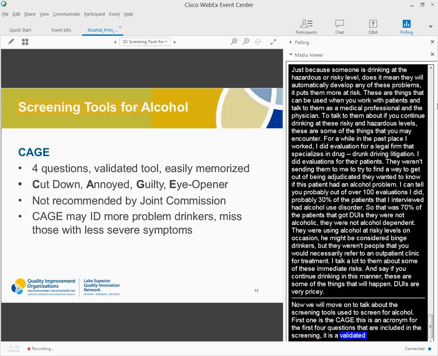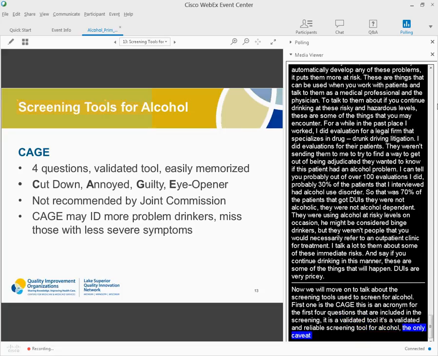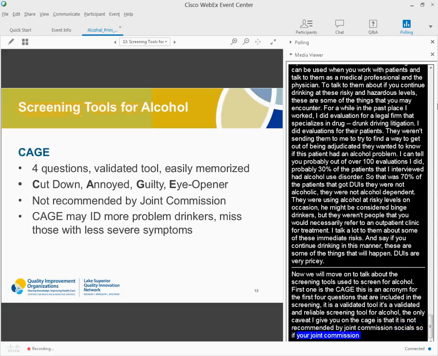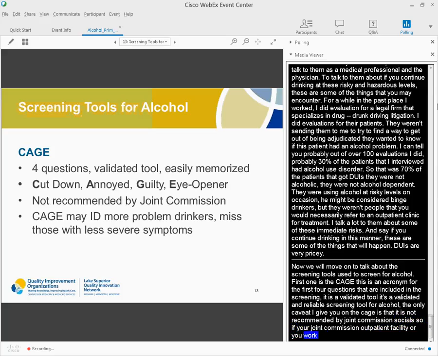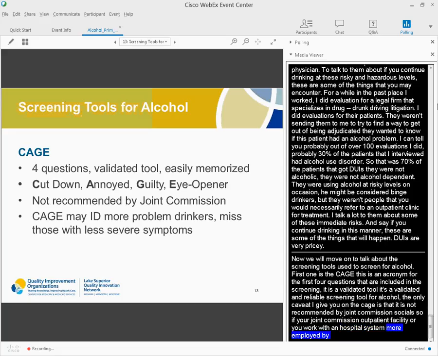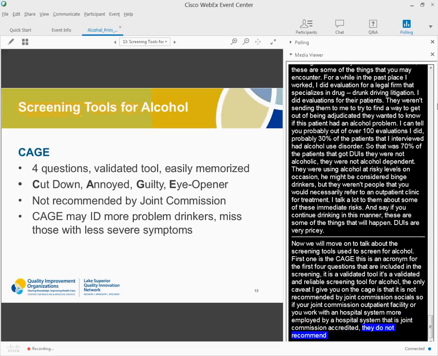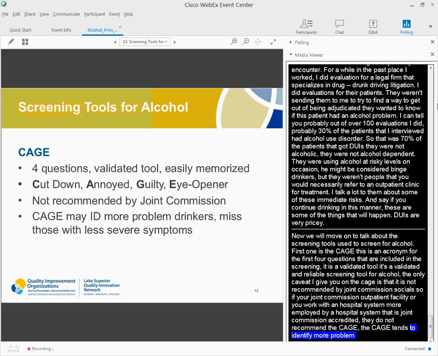The only caveat I give you on the CAGE is that it is not recommended by the Joint Commission. So if you're a Joint Commission accredited outpatient facility, or you work in or are employed by a hospital system that is Joint Commission accredited, the Joint Commission doesn't recommend the CAGE. Why is that? The CAGE tends to identify more problem drinkers and may miss those with less severe symptoms. Okay.